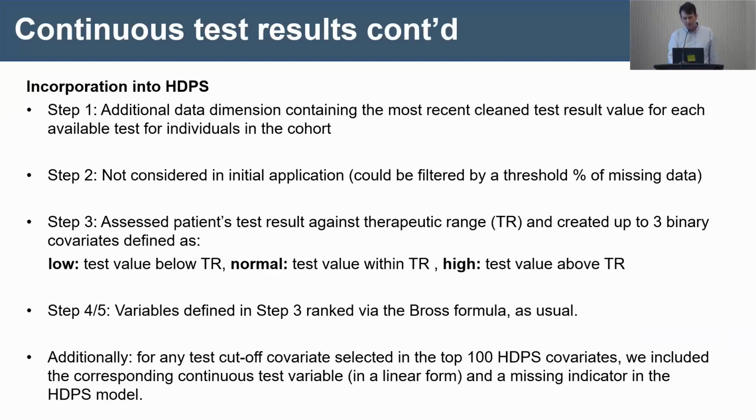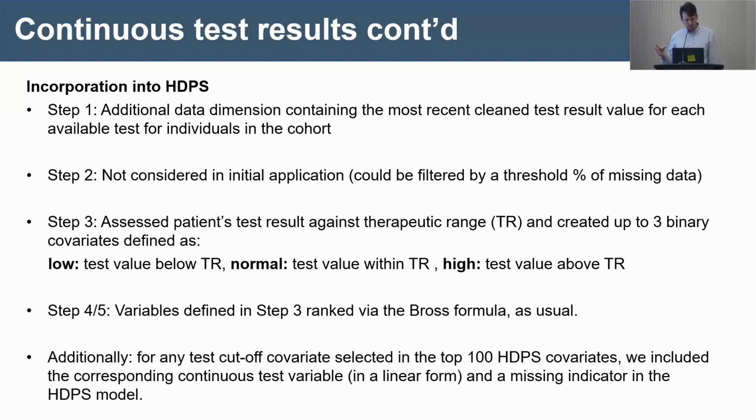So how do we incorporate these into the HDPS itself? In step 1, we included an additional data dimension which contained for each patient the most recent cleaned test result value for each test available. In step 2, because we only considered 35 tests, we didn't filter by prevalence, but I imagine a proposal where we could filter by a threshold, for example, based on the percentage of missing data in the test values that we have available.